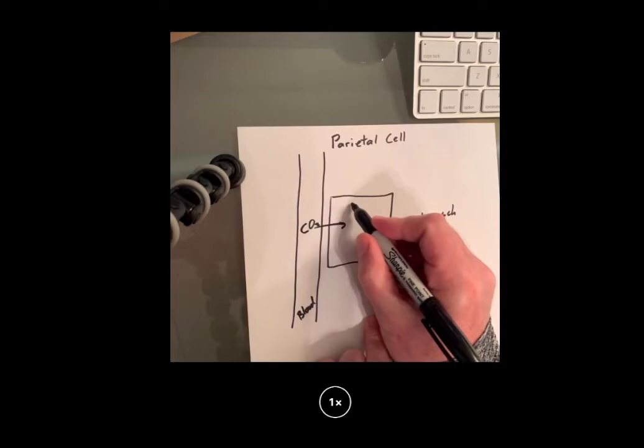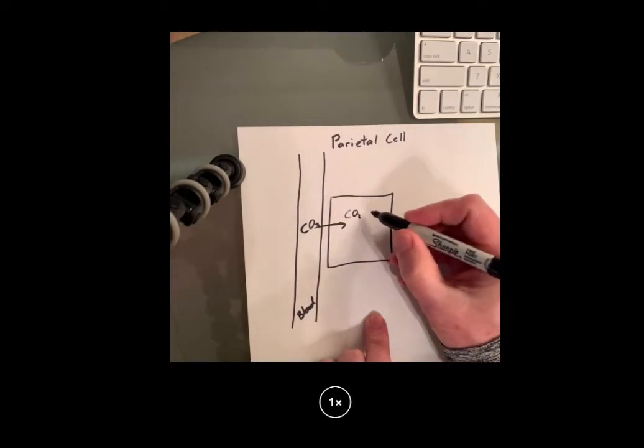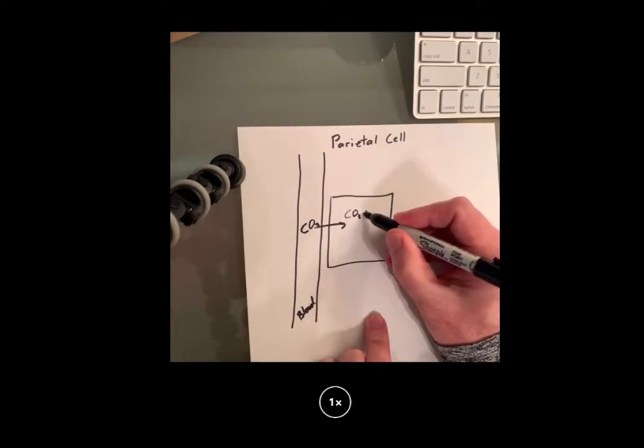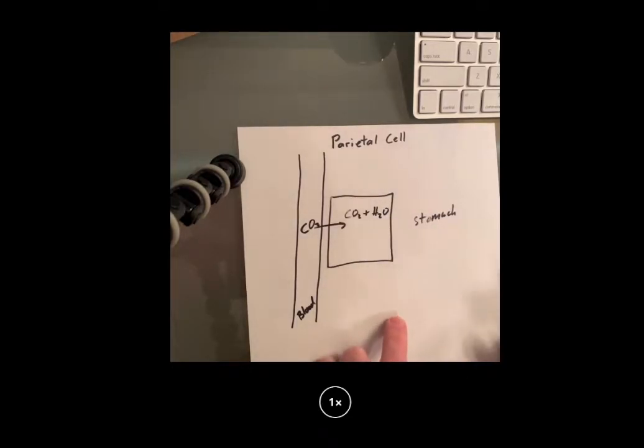So now you have CO2. And inside your parietal cell, you also have water.